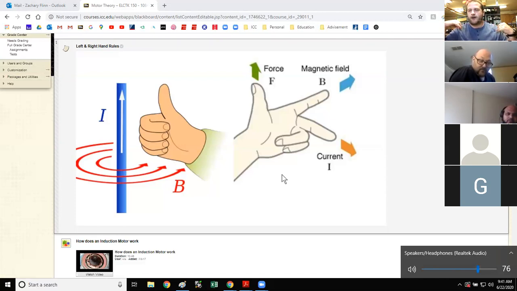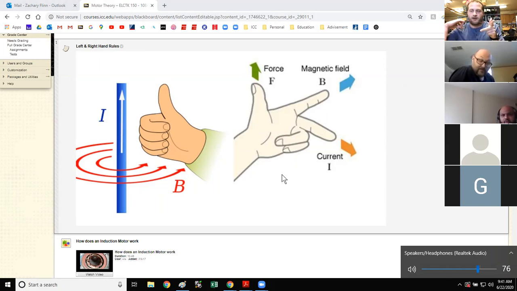But if I have my middle finger and I do one of these little doodads, it's kind of cool. I'm going to put my middle finger in the direction of current flow. B is going to be the direction of the magnetic field.